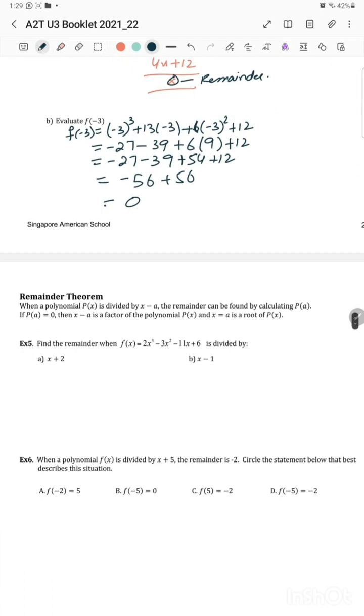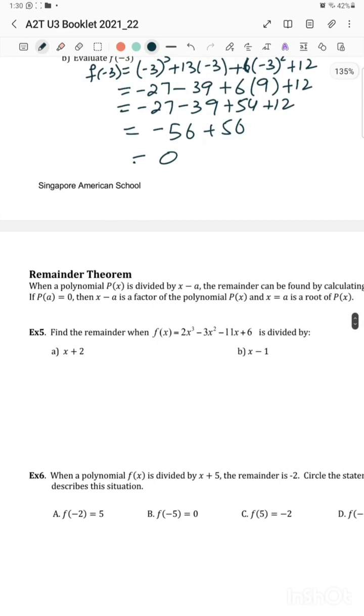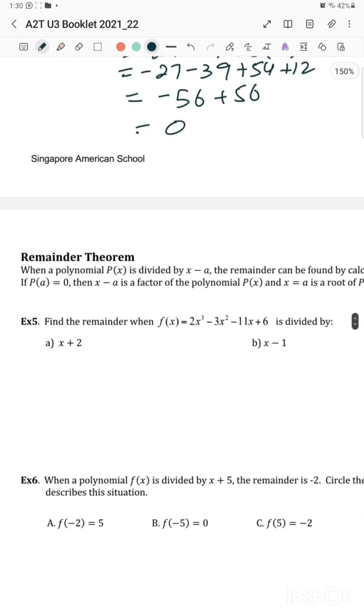When a polynomial p of x is divided by x minus a, the remainder can be found by calculating p of a. If p of a is equal to 0, then x minus a is a factor of the polynomial p of x, and x is equal to a is a root of p of x. So find the remainder when f of x is divided by x plus 2.